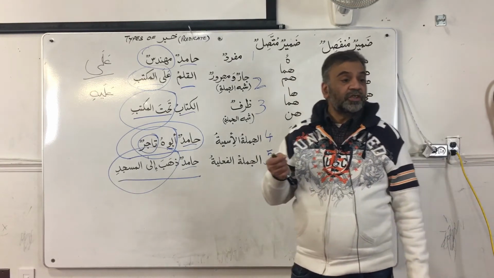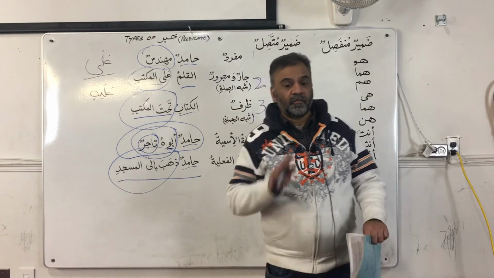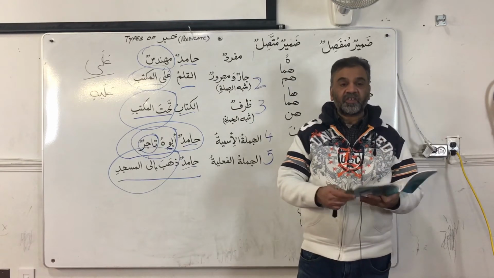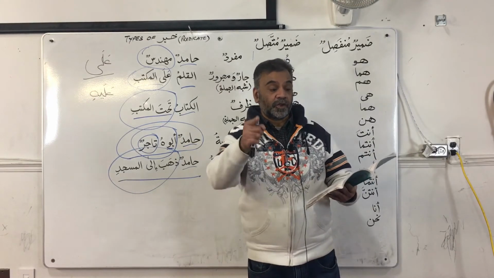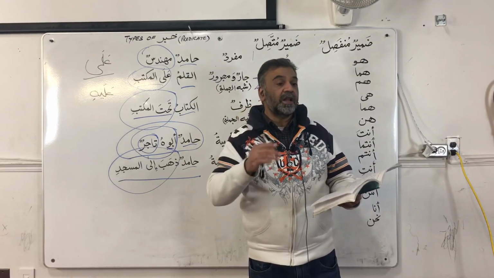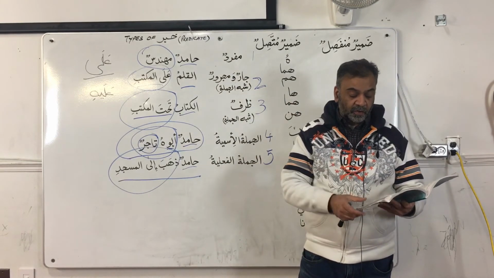Why this change? No grammar rule, it is phonetics, we have learned that. So, the doctor is just bringing this: li for me, laka for you, lahu for him, laha for her. Now, first one, li ukhtun wahidatun.